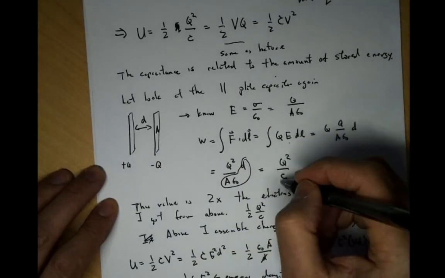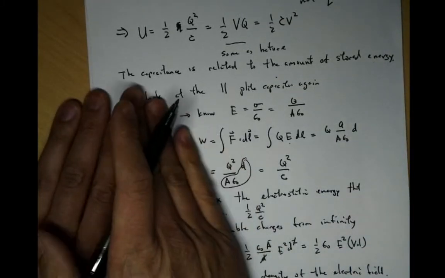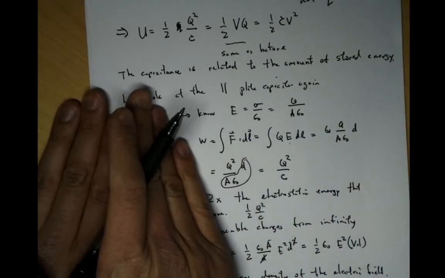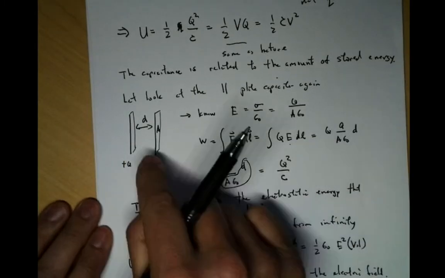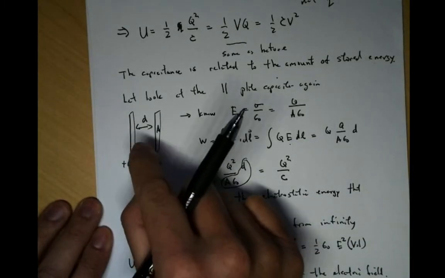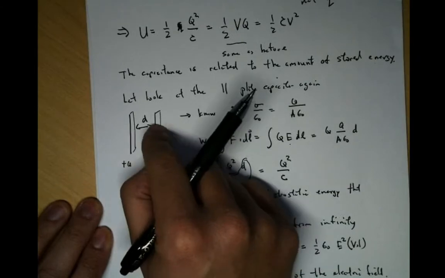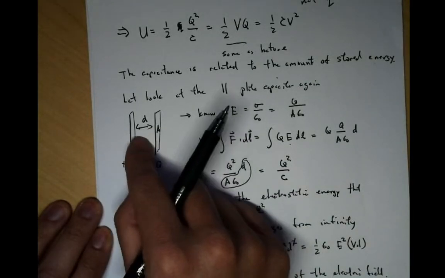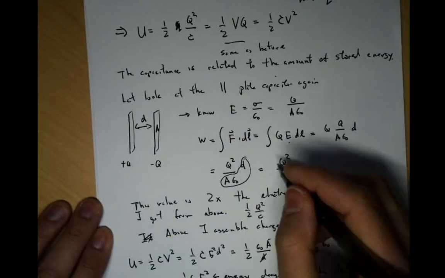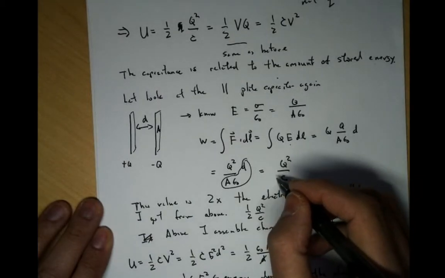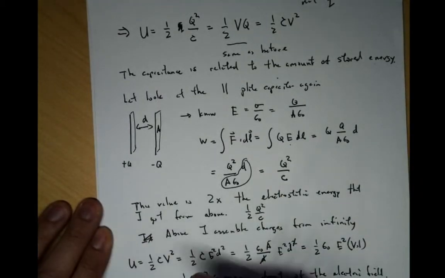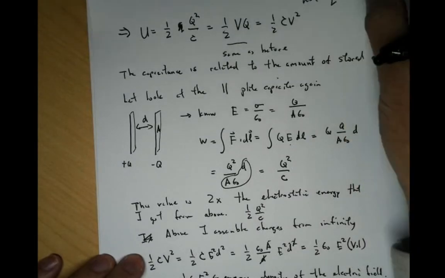So that's the difference here. When I put them together and slowly pull them apart, I put energy into the electric field and into the potential difference between the two charges. That's why I got this factor of 2 as well. If you account for all the energy, you get this factor of 2 out as well.